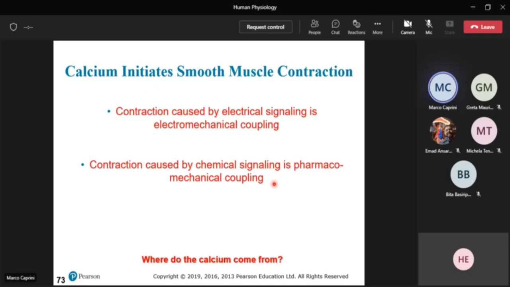Assuming a pure electrical signaling, it produces an electromechanical coupling of the smooth muscle cell that produces the contraction.